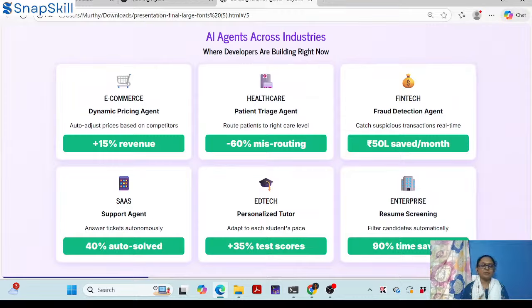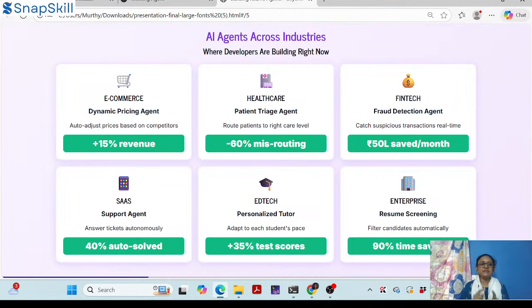The reason is dynamic pricing. Okay, we need to develop an agent. What does this agent have to do? It has to scrape different websites. It has to understand what the relevant product is, which product has demand, and what the suitable price for that product is. Is it a correct price or not? It has to decide. In that scenario, AI agents are required.